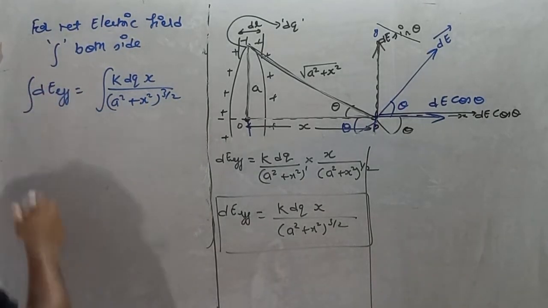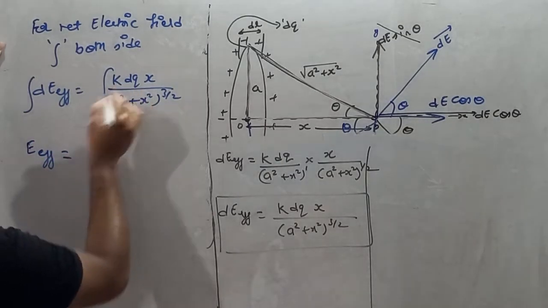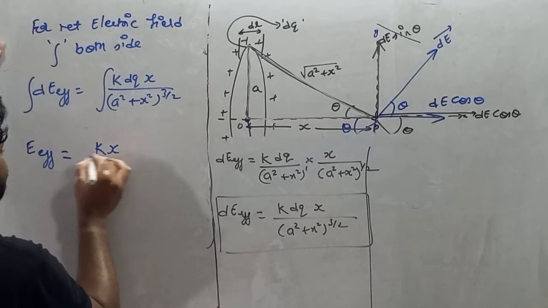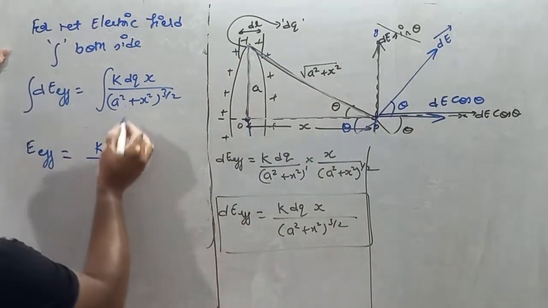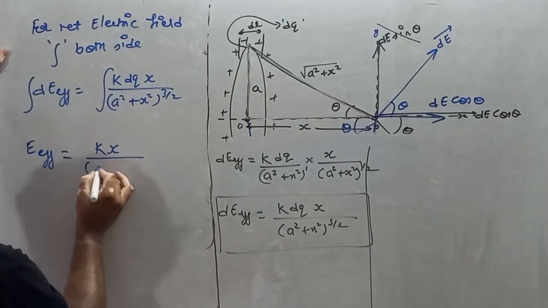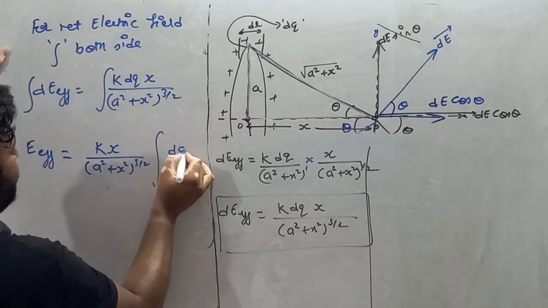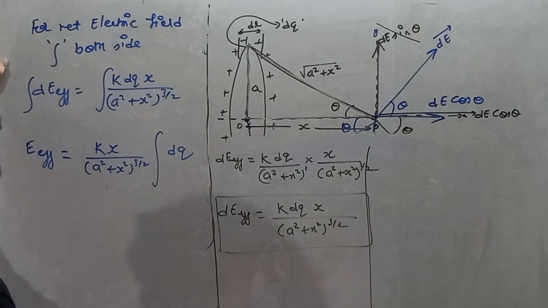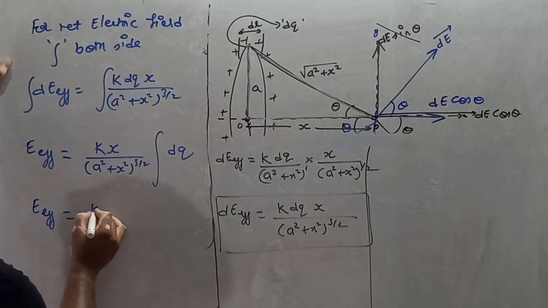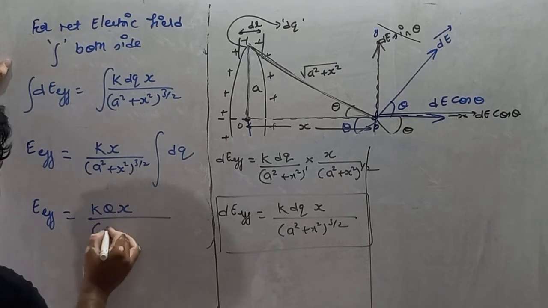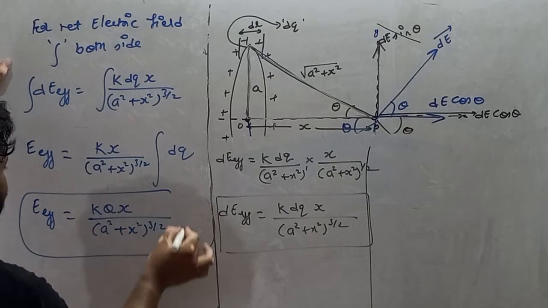So we know that the integration of dE effective is E effective, which is equal to k, which is constant, x is constant, a is the radius, which is constant. So these terms come outside: a square plus x square to the power 3 by 2, and integration of dq. And the integration of dq is q. So what we'll get: E effective is equal to kqx by a square plus x square raised to the power 3 by 2.